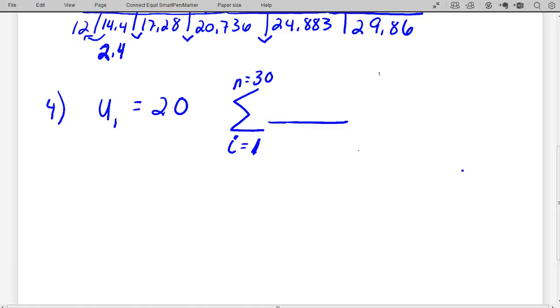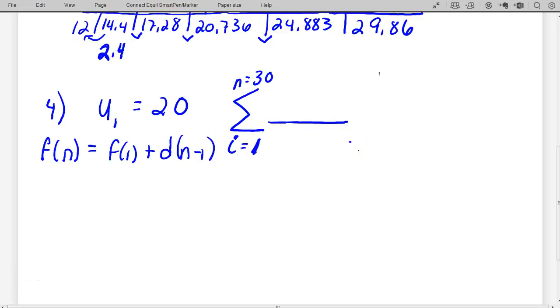So let's write an explicit formula for adding 4 each time. Here's the f of n formula: f of 1 plus your common difference times n minus 1.